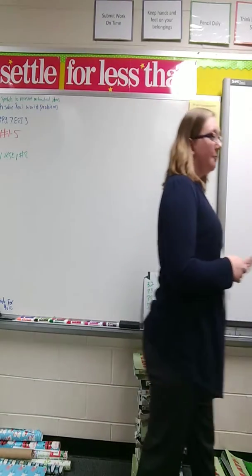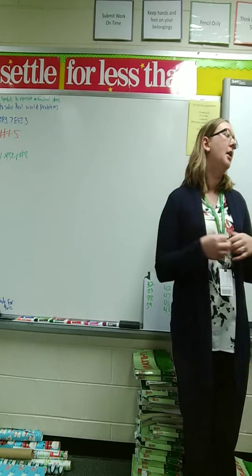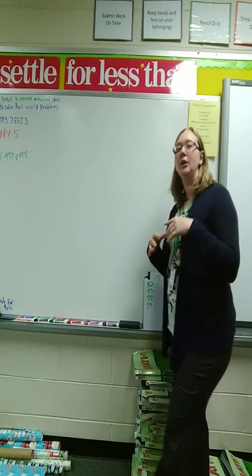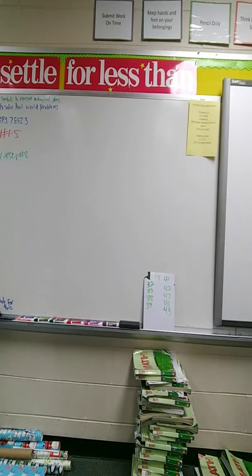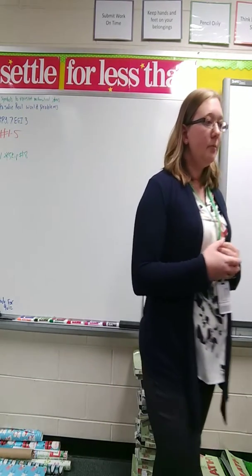The associative property is the other one that we use a lot. And the associative property says that I can group addition and multiplication kind of however I want to, because the way that I group it is not going to change the answer.